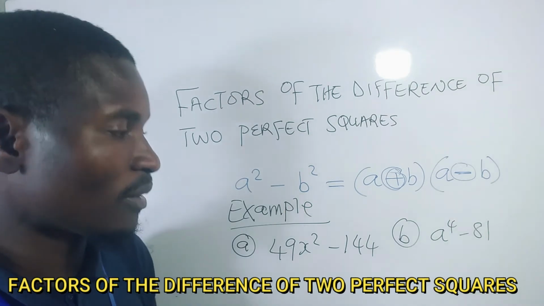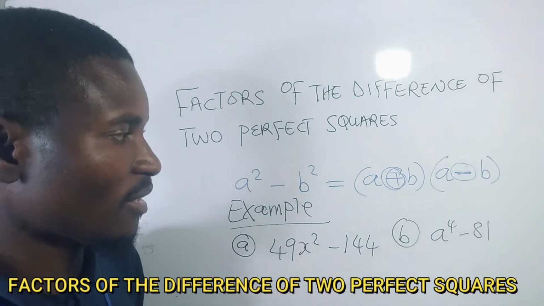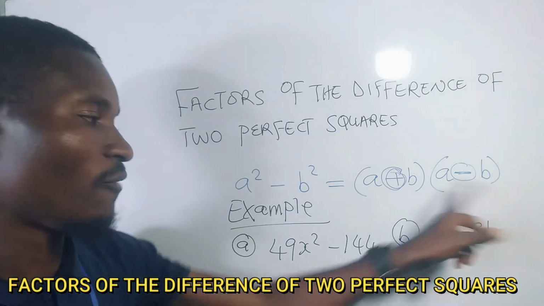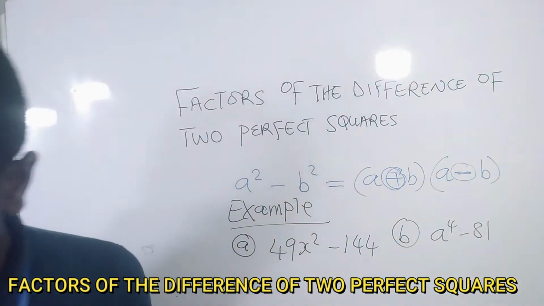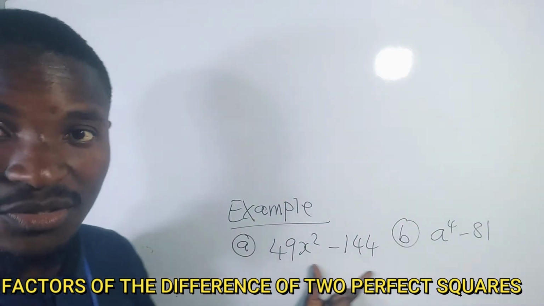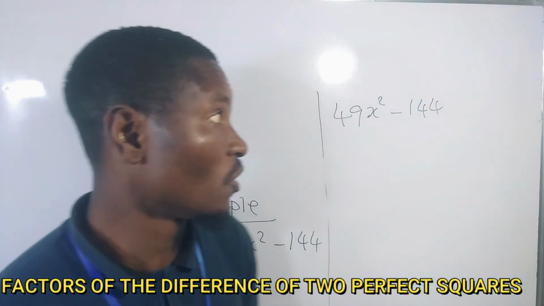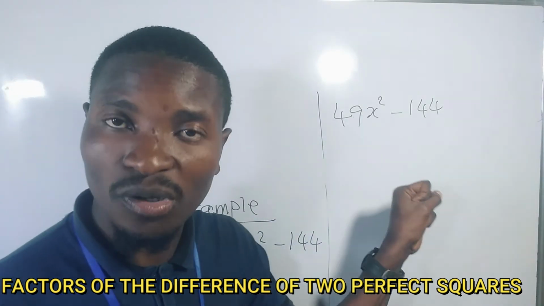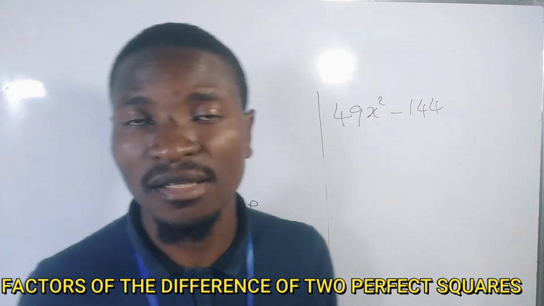Also a times a times a times a gives a to the power 4, so we can find its root too. This is a difference of two perfect squares.